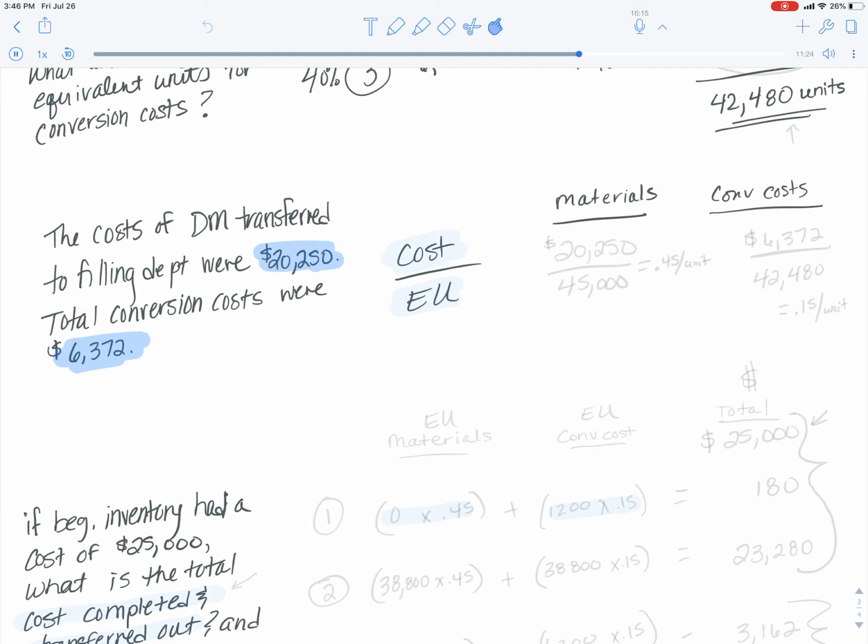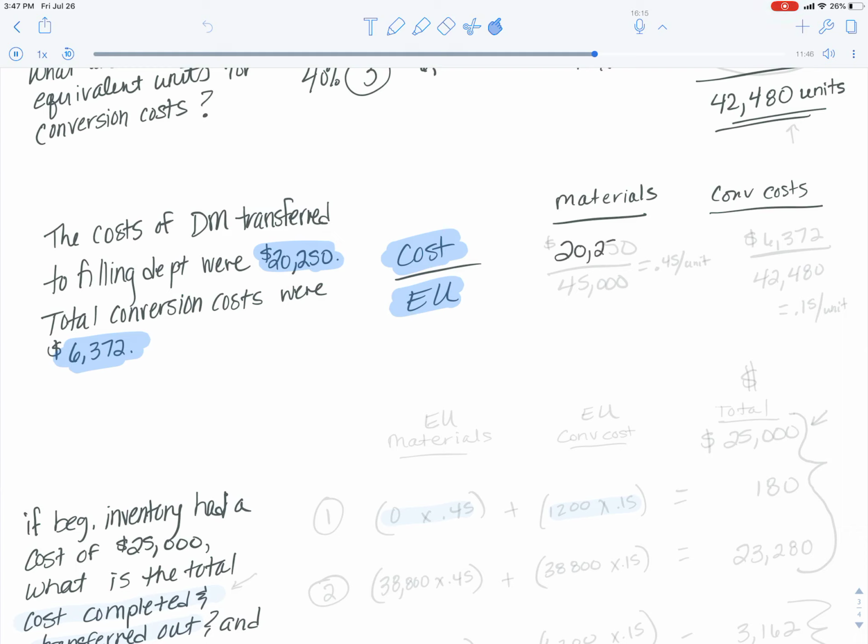So now we can come up with our per unit cost. You take the cost divided by equivalent units. So up in step 2 and step 3, we determine those equivalent units, and here you're given the cost. So let's do materials first.